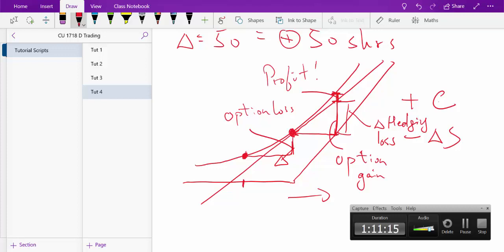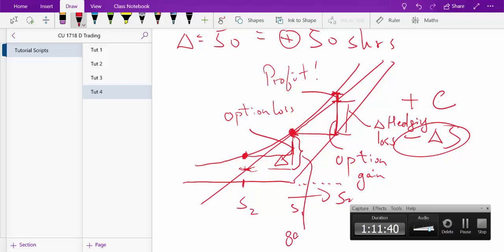If the price moves to here, S2, this is S1, and then here, your hedge has a gain because you were short. So if this is your loss and this is your gain, again, you're going to come out in front because you make this little bit here.